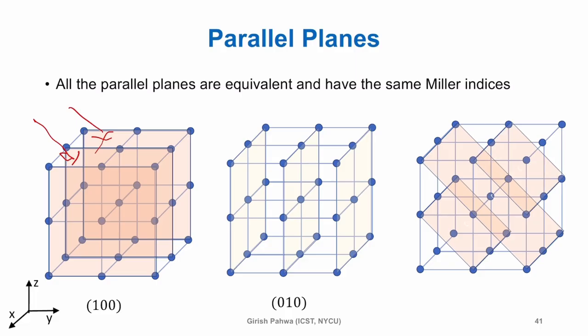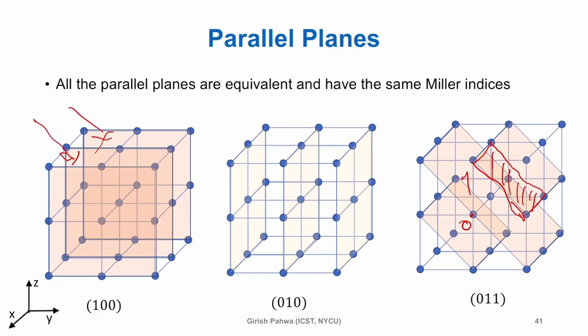This will have what? What will be the Miller indices of this? You can pick any plane and then calculate. Assume this is the origin, say. So this is this plane. 0, 1, 1. Okay.